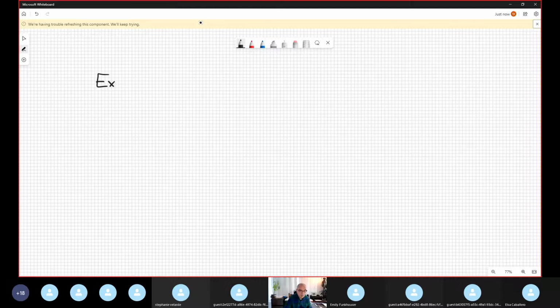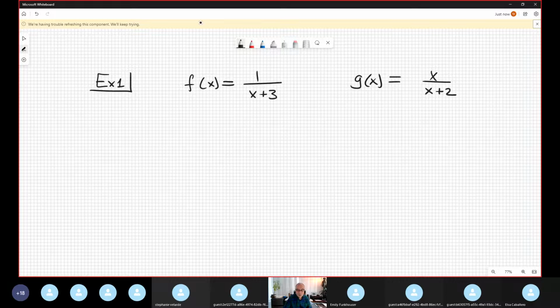Suppose example one. Let's do a couple. Suppose two functions are given. And g is x over x plus 2. This is what's the question.